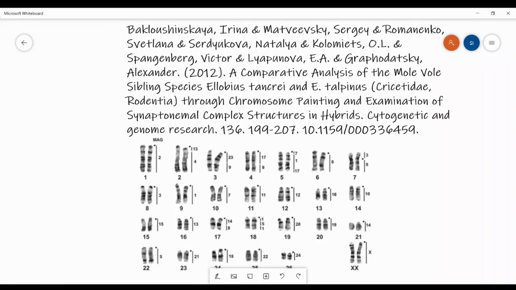In the journal Cytogenetics and Genome Research, a study by the scientists involved a karyotype diagram containing the chromosomes, as we see here.